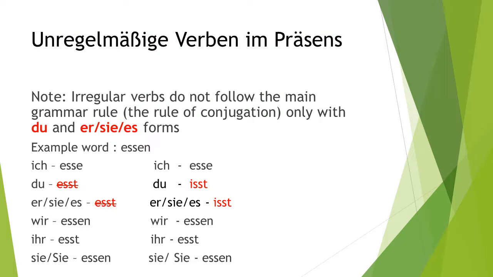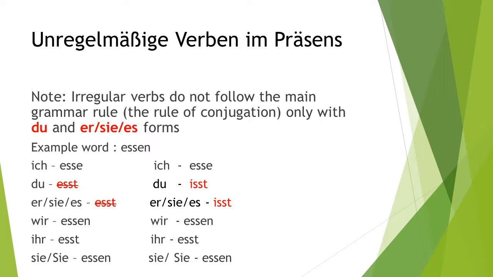If you were given a task to conjugate the verb essen, to eat, you would most probably end up with ich esse, du esst, sie es esst, wir essen, ihr esst, sie essen, as shown on the left side.